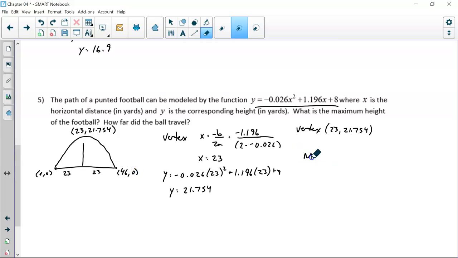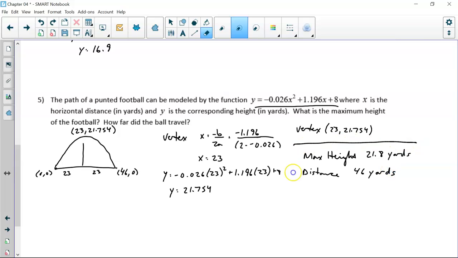So the maximum height, the y of the vertex, is 21 point, and I'm just going to round it to 8 yards. And the distance traveled is 46 yards. And there's our information from that equation.